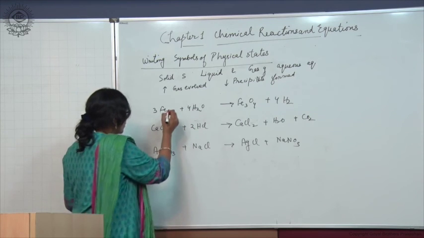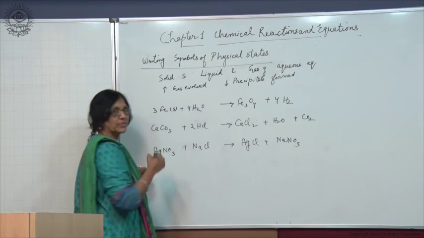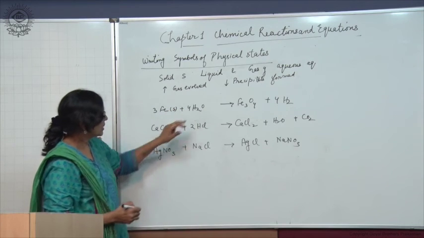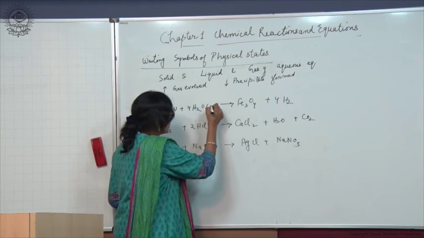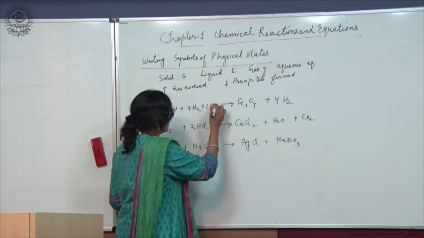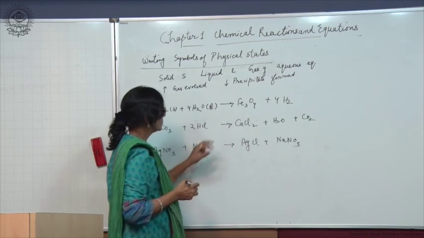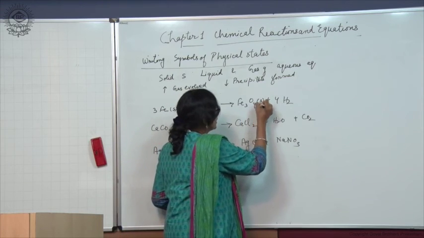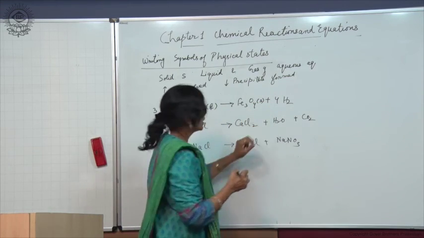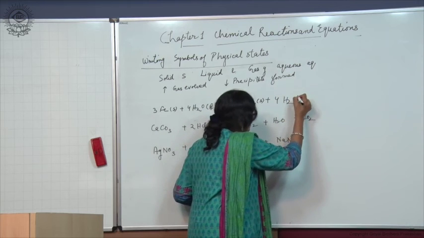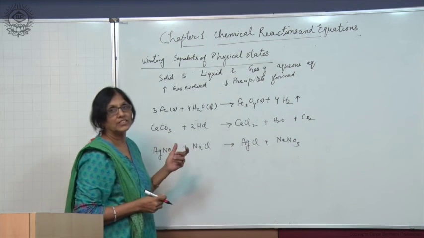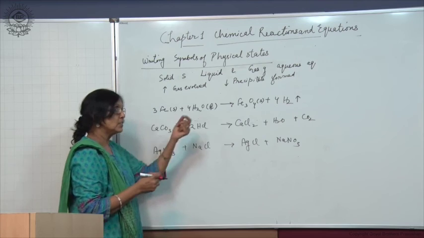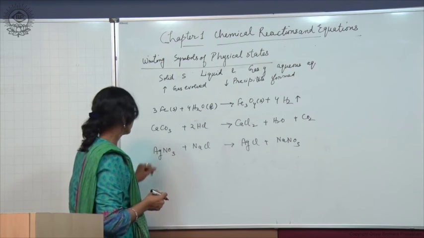Iron is a solid, so we will write here S. Water is a liquid, so we write here L. Fe3O4, ferric oxide, is a solid, and hydrogen is a gas, so we can make an arrow in the upward direction to show that the gas is evolved, or write G in the bracket.